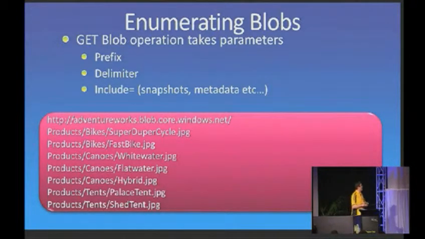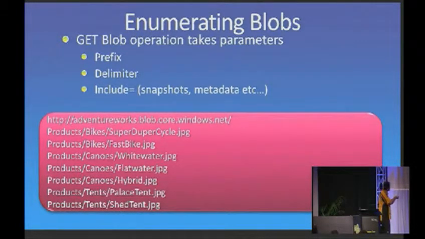So the get blob operation can take parameters which allow us to list blobs out of our containers. So given a container that looks something like this, so we've got adventureworks.blob.core.windows.net. Our container is products, then we've got bikes, canoes, and tents. Right?